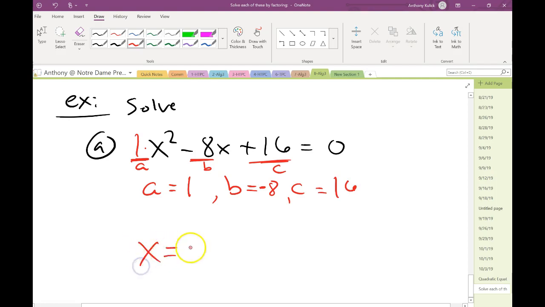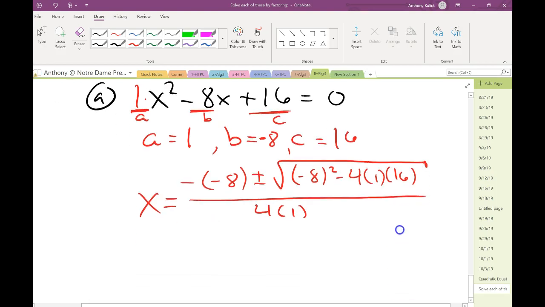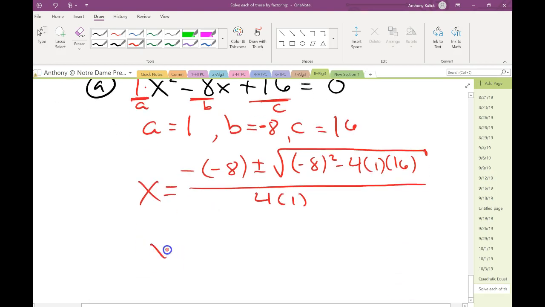Okay. So when I plug these into my formula, I have negative b plus or minus square root b squared minus 4 times a times c all over 2 times a. Well, I know negative of a negative is positive.